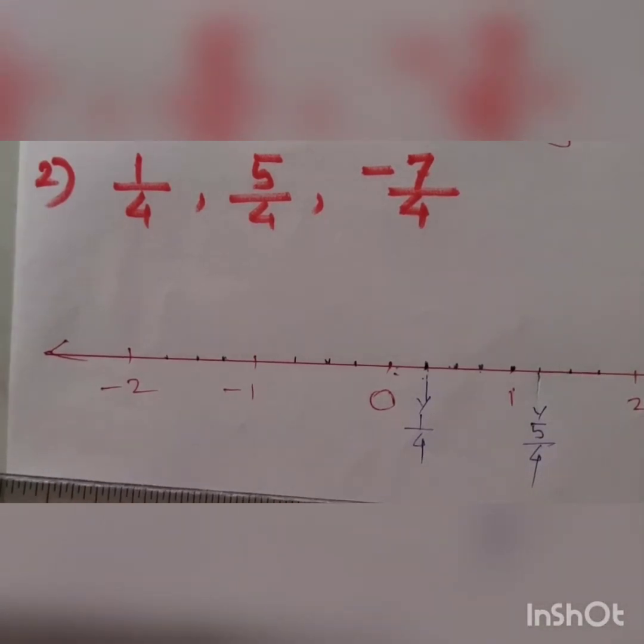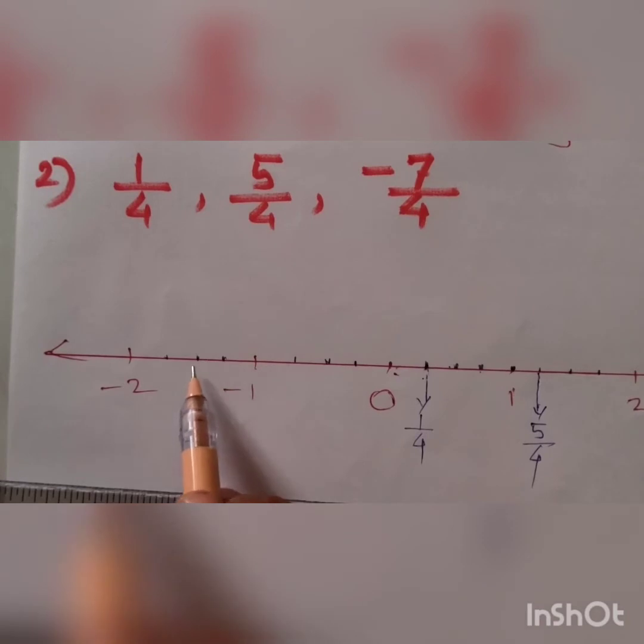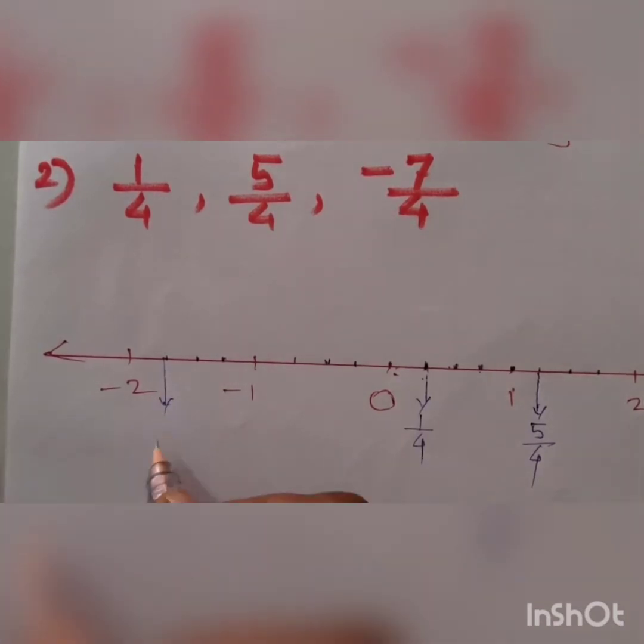Now negative 7/4 means to the left side of 0 we are counting here minus 1/4, minus 2/4, minus 3/4, minus 4/4, like this way, minus 5/4, minus 6/4 and this is minus 7/4.